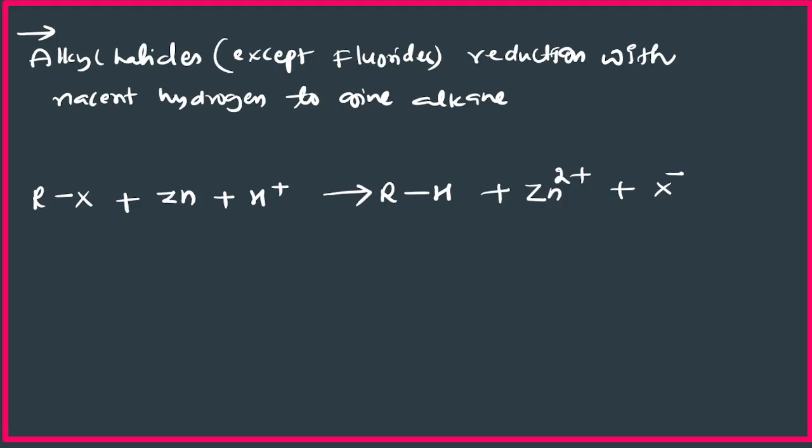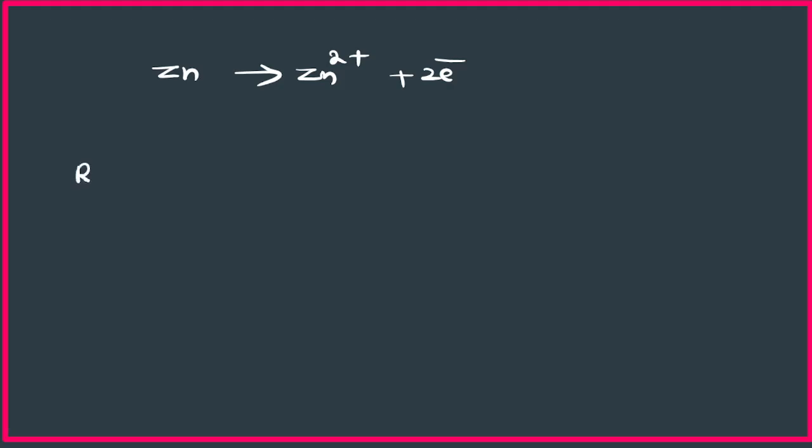In alkyl halide, the halogen is more electronegative than carbon, so the bond is cleaved and it becomes R plus and X minus.